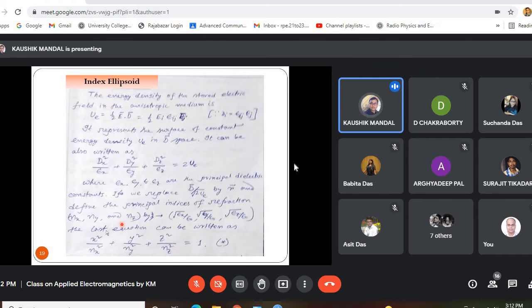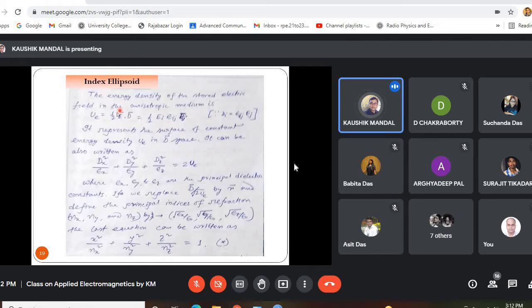So this equation is basically representing a general equation of an ellipsoid, where the major axes are along the directions of the principal axes x, y and z, and the lengths along x, y and z will be 2nx, 2ny and 2nz, where nx, ny and nz are the principal refractive indices.